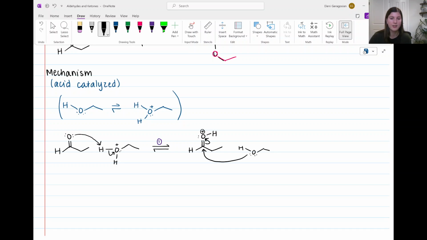Electrons in the pi bond will be owned by oxygen. And this is our step 2, that nucleophilic addition. So just to add names, step 1, protonation of the carbonyl oxygen. Step 2, nucleophilic addition.